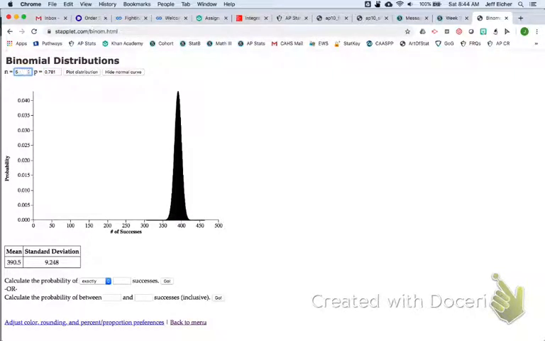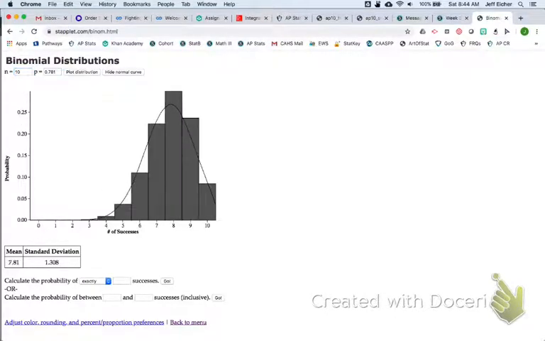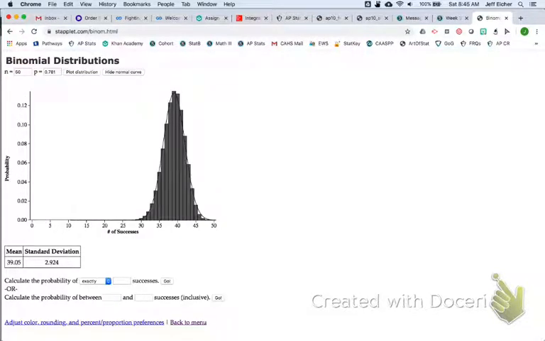So with a small sample size, we get a not normal, that's a left skewed distribution. But as you increase the sample size, it becomes gradually more roughly normal. But that's all based on the interplay between n and the probability, n times p. So n times p there would be greater than 10, and n times 1 minus p would probably also be greater than or equal to 10.